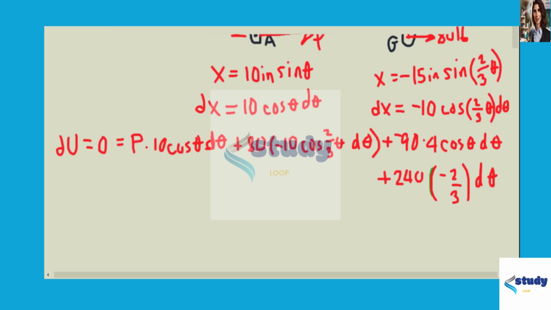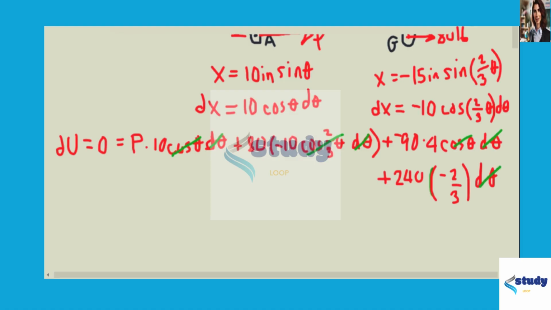All right, the cosine of 0 is 1. Cosine of 2/3 of 0, still 1. So all of those become 1. All of the d thetas cancel out.